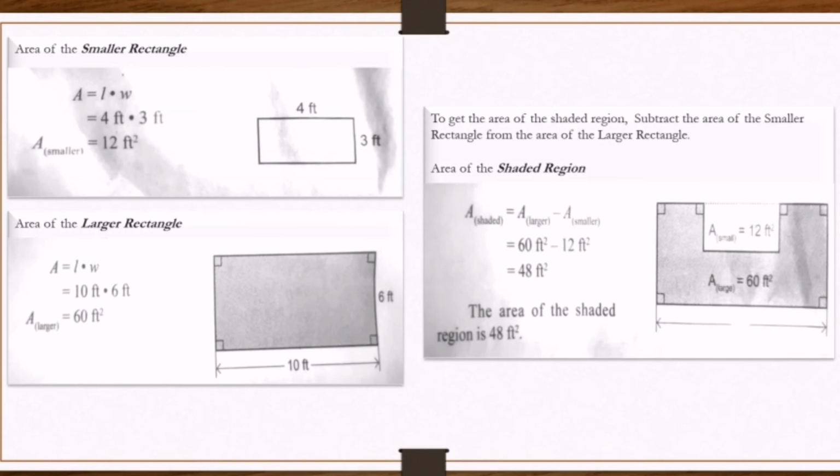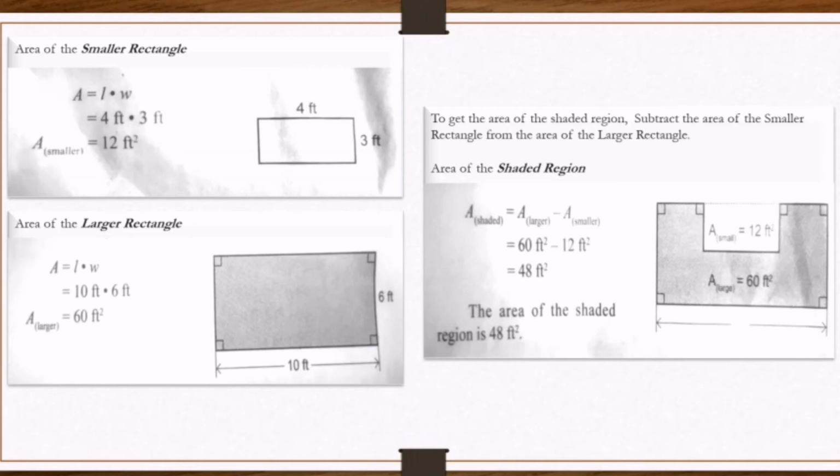Now, for the area of the smaller rectangle, we have area equals length times width, which is 4 feet times 3 feet. The area of the smaller one is 12 feet squared. For the area of the larger rectangle, we have area equals length times width, which is 10 feet times 6 feet.